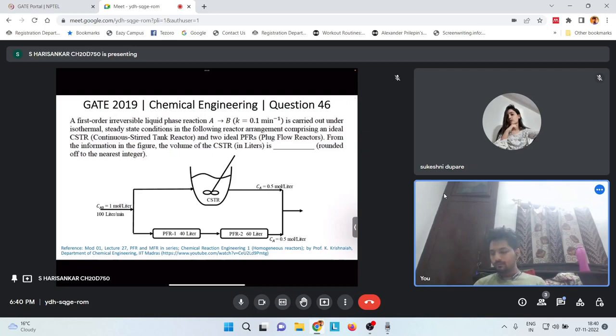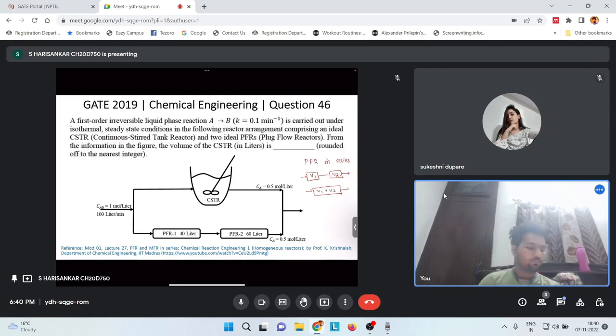Okay, so now here there are a few concepts that we need to apply. So in the figure we can see that one of the streams is a series of PFR, and the concept is that for PFR in series, let's say there is a PFR V1 connected to a PFR in series with the volume V2, then we can consider this as a single PFR V1 plus V2.